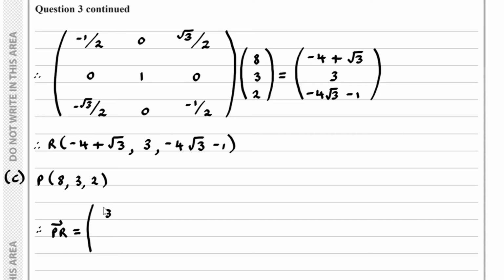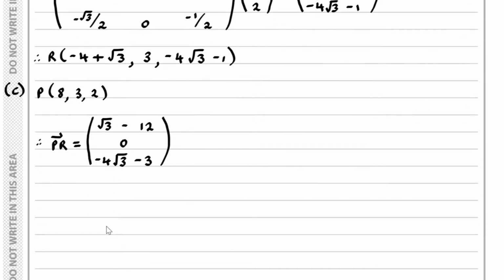So we have root 3 minus 12. Then from 3 to 3, well, that's just 0. And then from 2 to minus 4 root 3 minus 1, well, the minus 4 root 3 isn't going anywhere, but then we've got the 2 going to the minus 1, so that's minus 3. So this is what PR is.